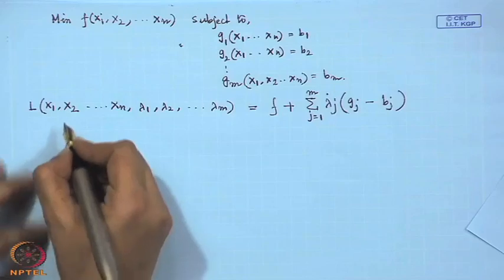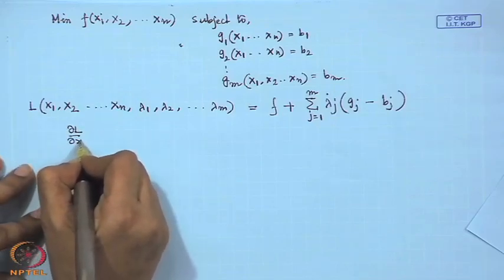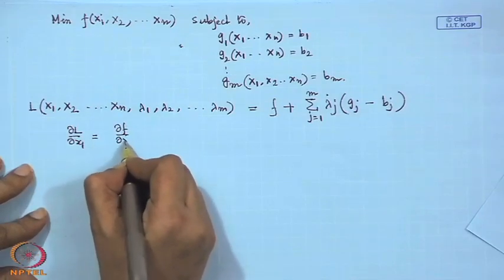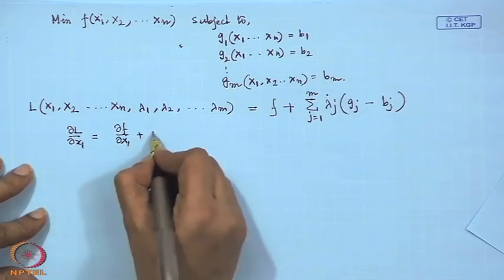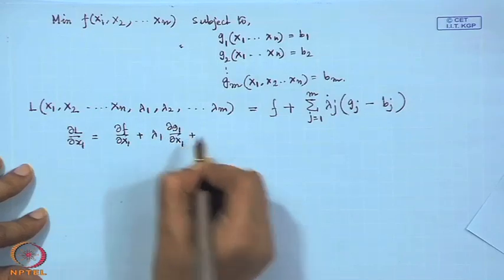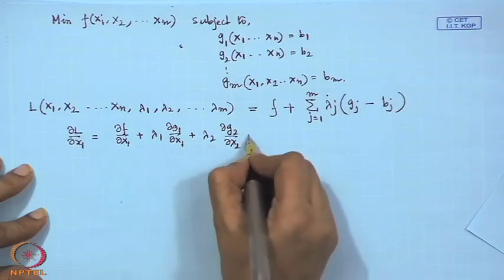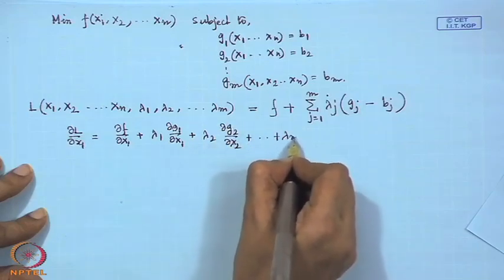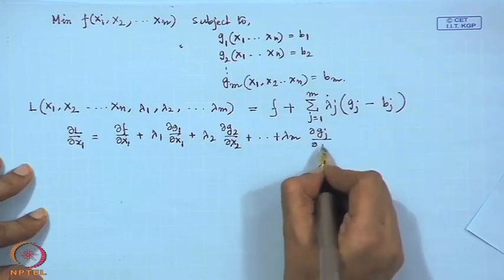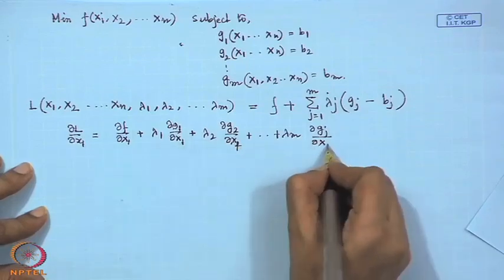If we look here, del L by del x1 would be equal to del f by del x1 plus lambda 1 del g1 by del x1 plus lambda 2 del g2 by del x1, up to lambda m del gm by del x1.